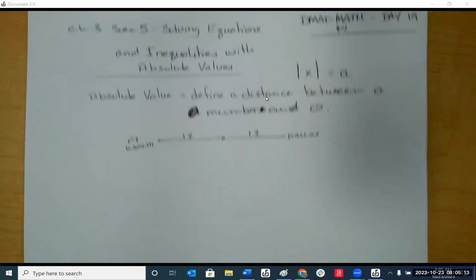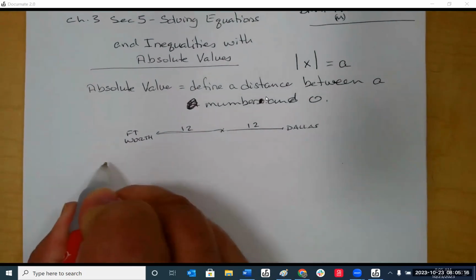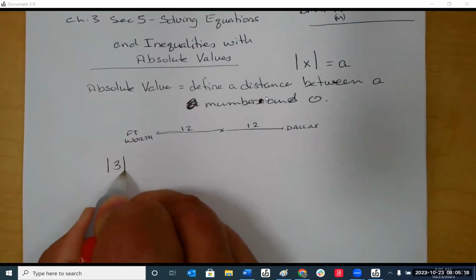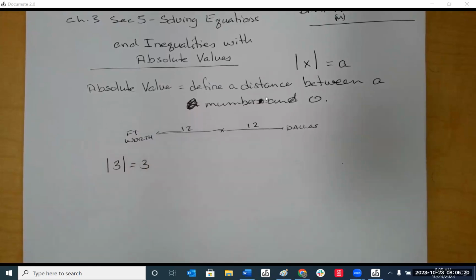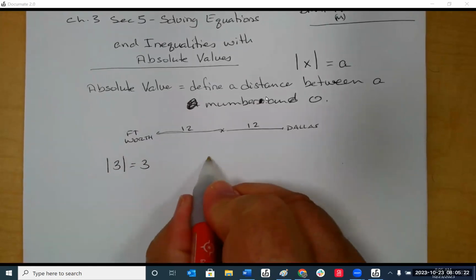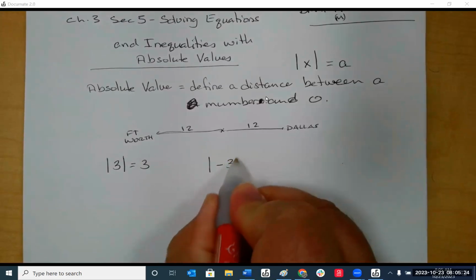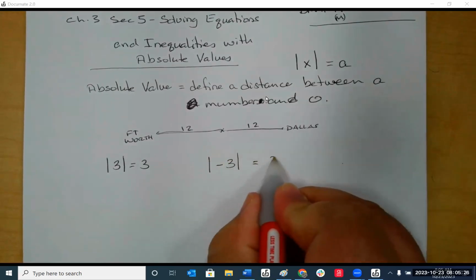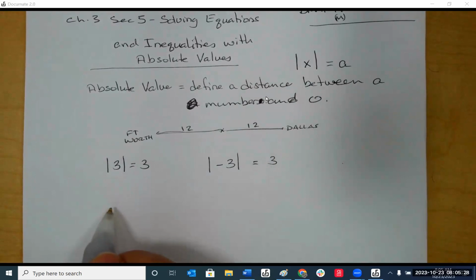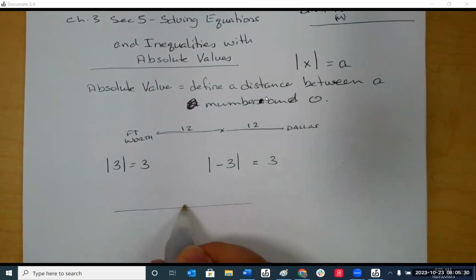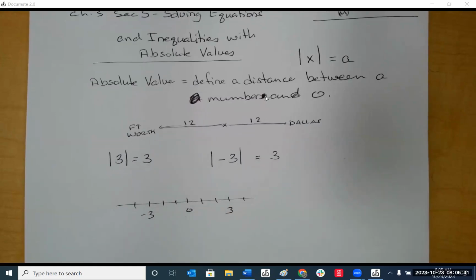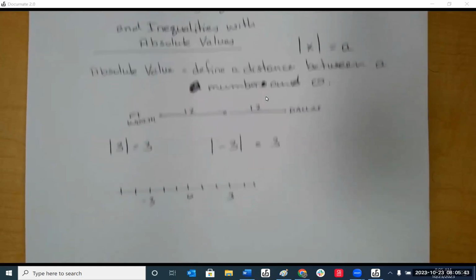So let's look at some examples. The absolute value of 3 is 3. The absolute value of -3 is 3. Why is that? Remember, it's a distance from 0 to a number. All right.